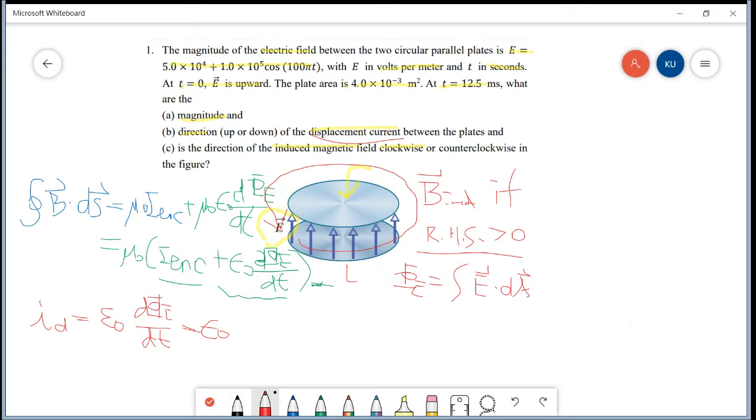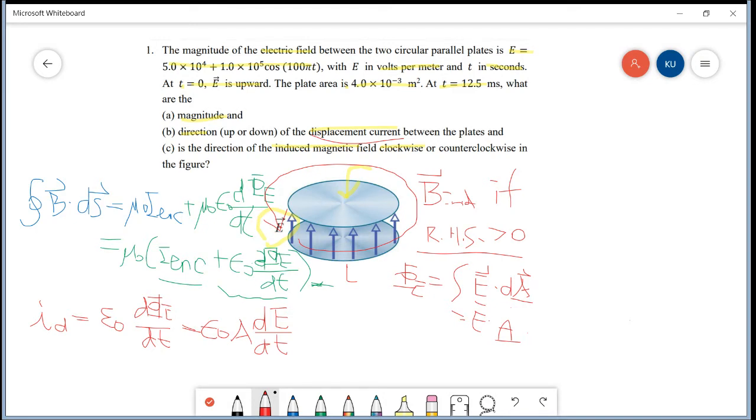E and dA are in the same direction, so E dot dA is nothing but E dA, and A is a constant, so it is nothing but E times A. A is not a function of time, so we can factor out A, and then we have dE dt.